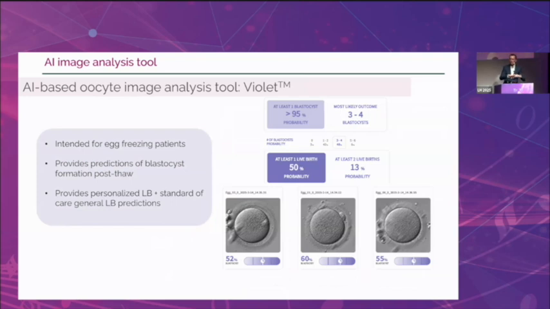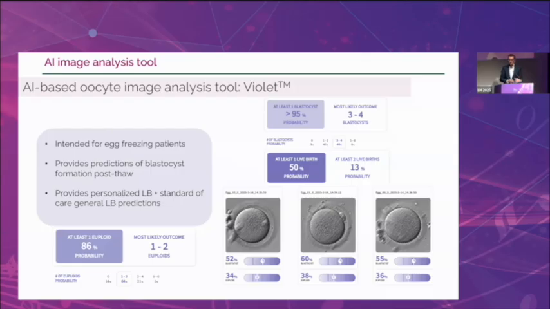And then you can have a report about the full cohort: what I should expect in the number of blastocysts I will get, or the chance of that group of oocytes to have a baby at the end of the IVF cycle. So these are the two tools available in this type of technology to give you feedback about the quality.